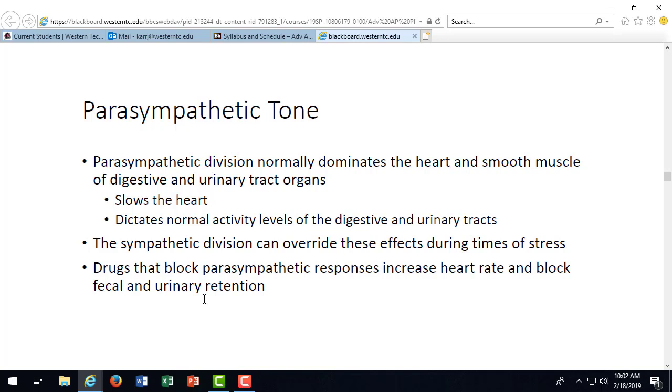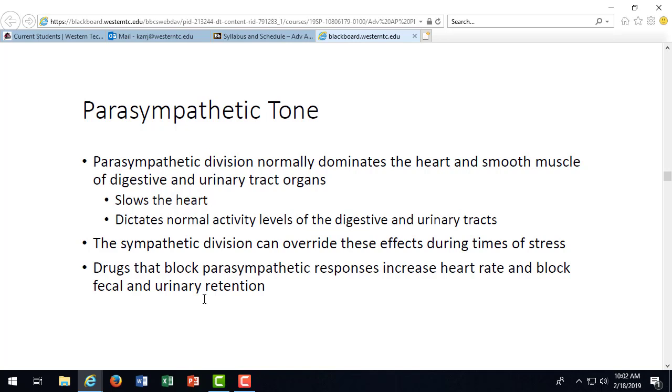That's not phrased well at all. We could cross out the last half of that sentence and say, drugs that block parasympathetic responses increase heart rate and promote fecal and urinary retention, right?